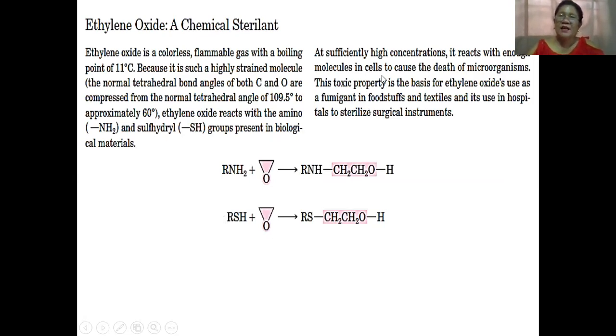And no, at high concentration, what happened? Okay, this will cause death in microorganisms. That is when this ethylene oxide is used as what? Fumigants in foodstuffs. No? Fumigant in foodstuffs. What happened? Dili mo duol ang mga microorganism kay ngano man. This will cause death sa ila. So this is used also as sterilized surgical instrument.